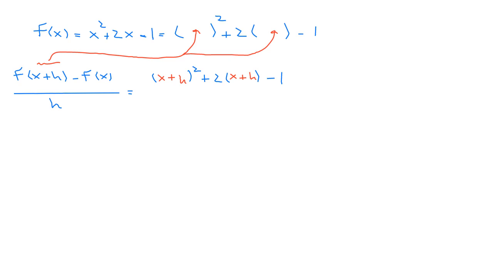Okay, so that would take care of this part. Then it says minus. See that minus right there? So then I put the minus. And then it says minus f of x. f of x is this original formula. Okay, so that original formula is x squared plus 2x minus 1.